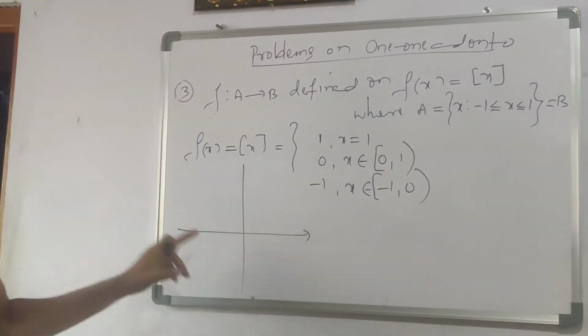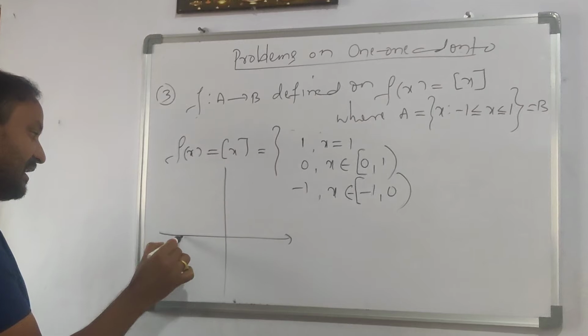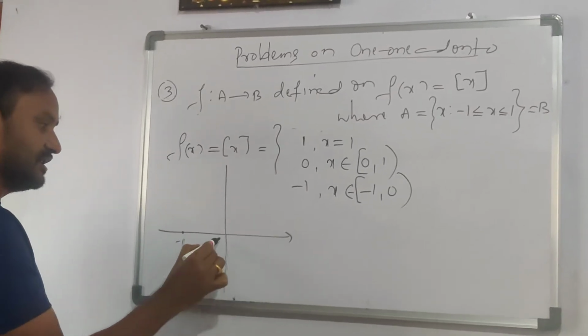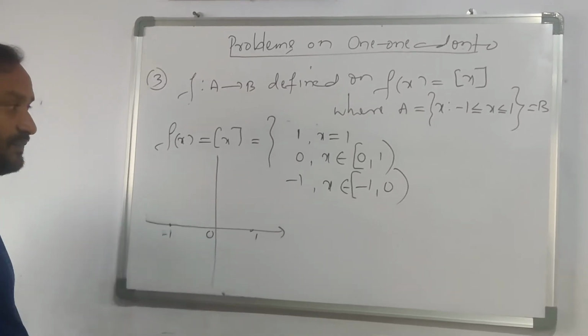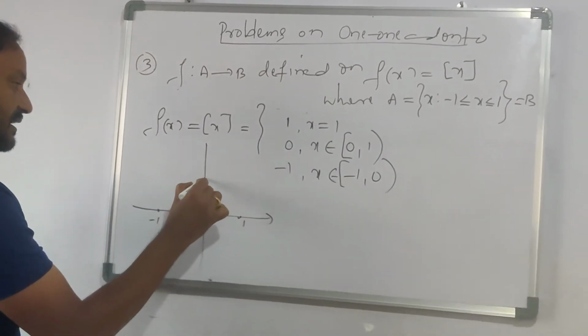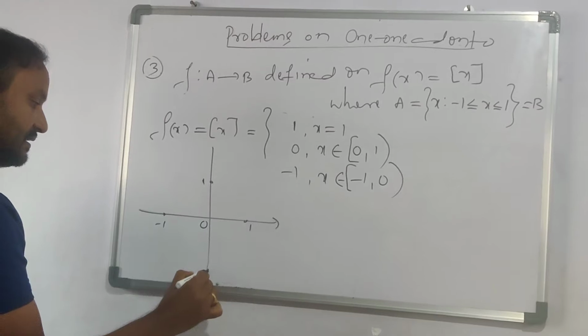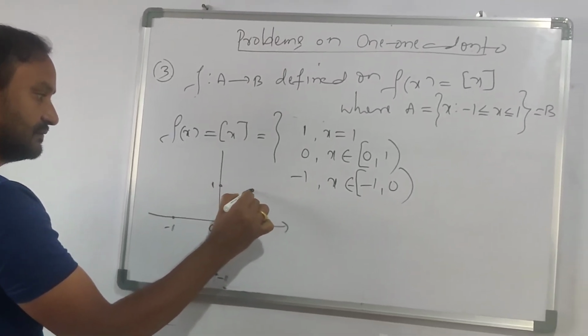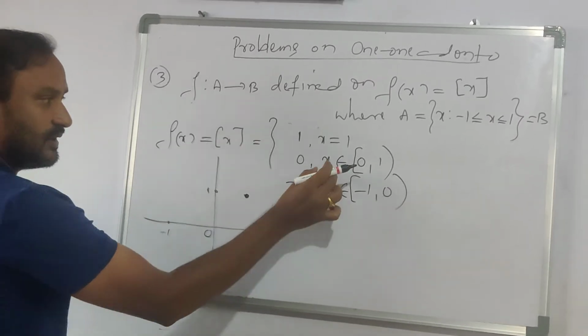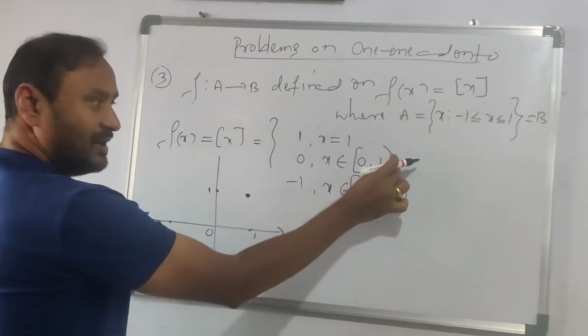Take these values in the graph. That means I am taking here minus 1, 0, 1. X equal to 1 means 1. Take here this is 1, this is minus 1. This is the graph. So x belongs to 0 to 1, here 1 is not included.